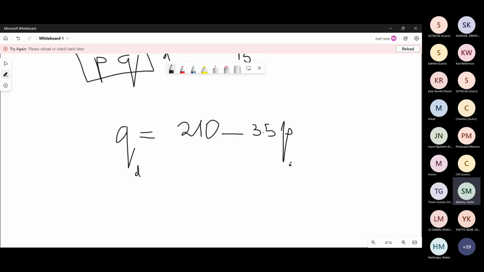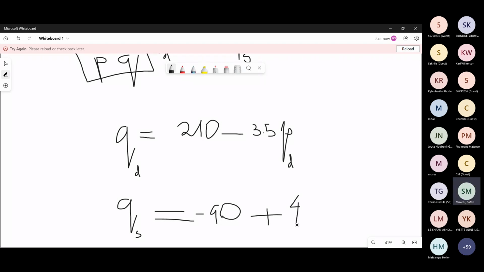So sometimes we can even delete this notation. And QS, the quantity supplied, is equal to negative 90 plus 4 PS.